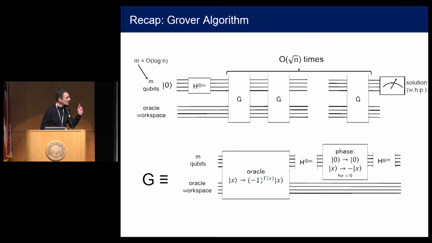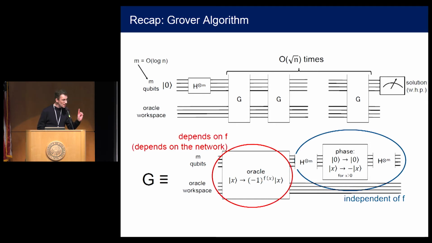The point here is that the only part that depends on f is the oracle. The other part does not depend on f. And f here evaluates if the eccentricity is larger than d, so f depends on the network. So this oracle depends on the network, and this part does not.